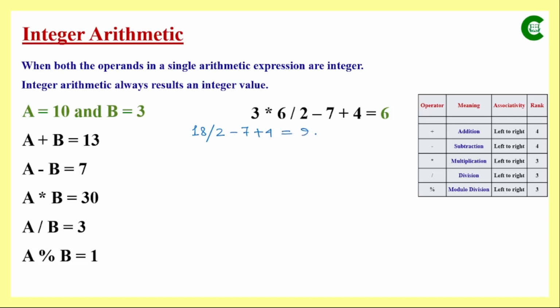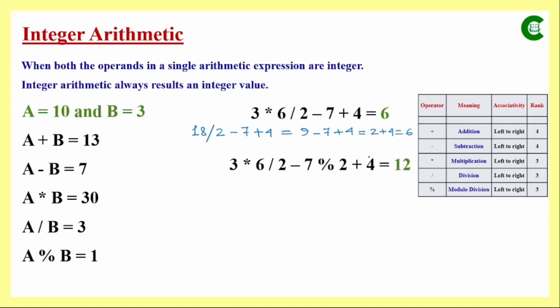So it will be 9, then minus 7, and then plus 4. Now we are left with only addition and subtraction, and they have the same rank, so we go to the associativity. So they will be processed from left to right, and on the left side we have subtraction, so we will perform subtraction first, so 2, and then addition, so 4, and then the final result will be 6.